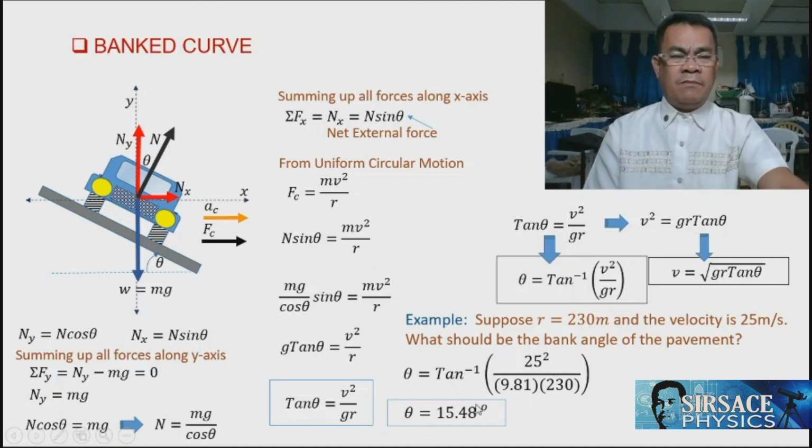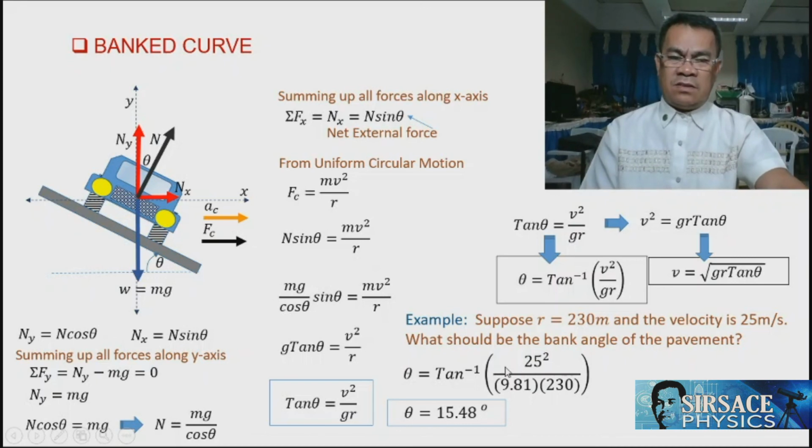Then, if you want the velocity to be 50 meters per second, square it, divide it by the same values, then inverse tan, and you have a larger angle, because it is directly proportional. Your bank angle is directly proportional to the square of your velocity.